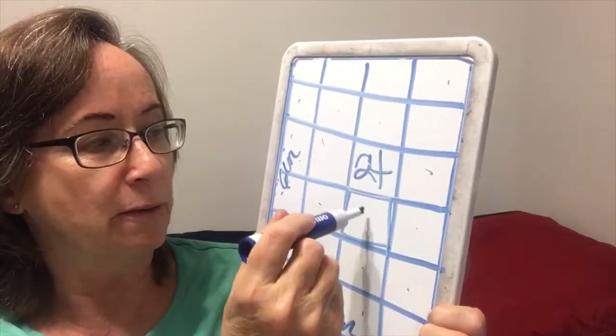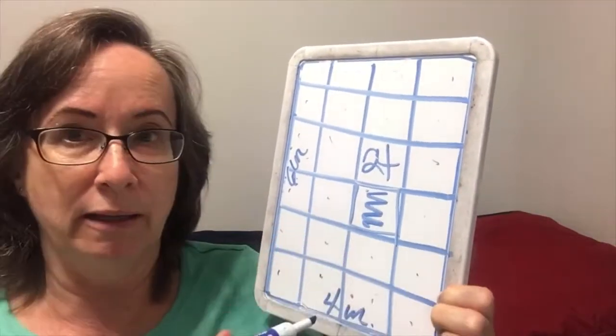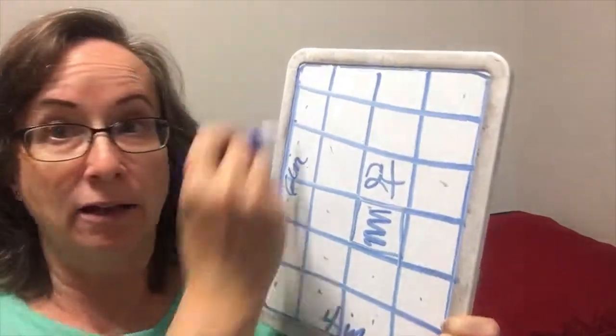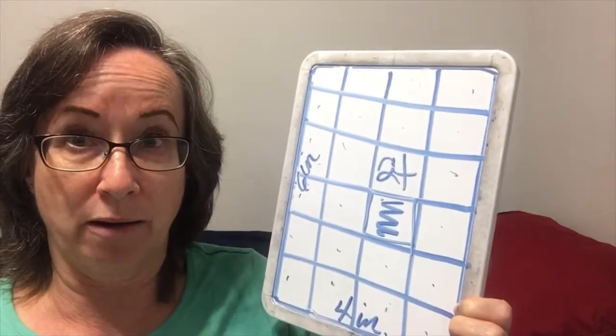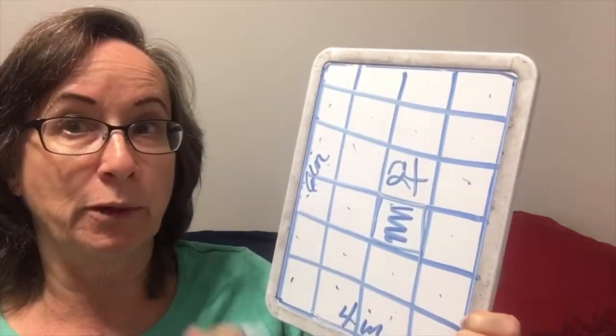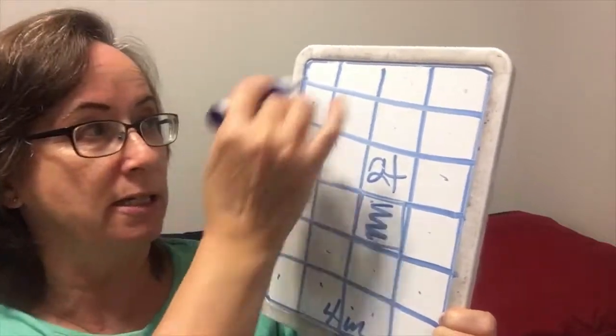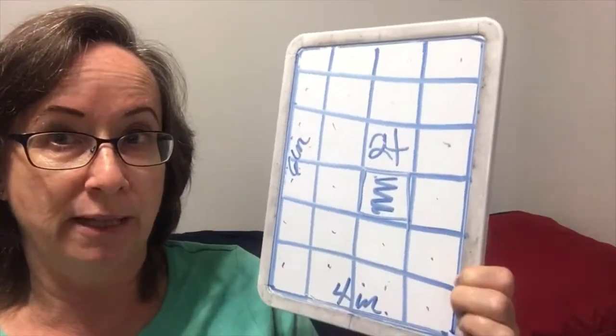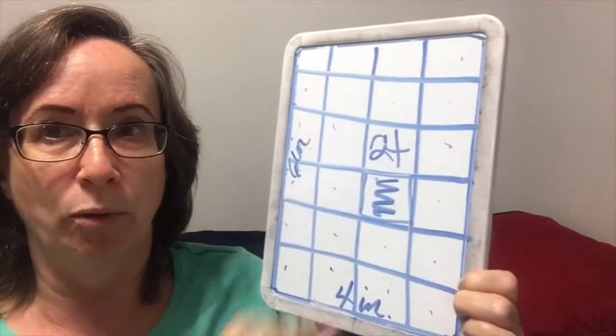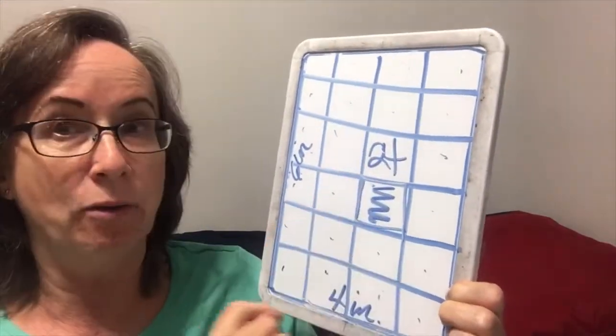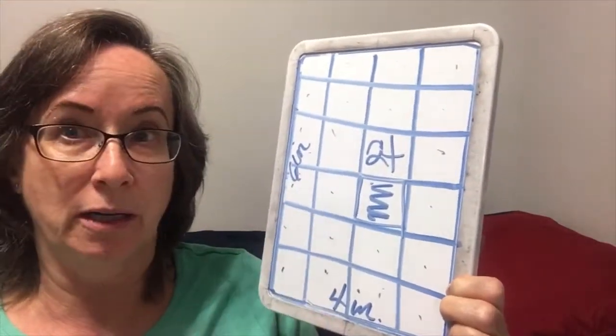This little box here would be 1 square inch, and altogether I have 24 square inches. If we were going to say how many square inches I would need to cover this rectangular board, I would need 24 because 6 times 4 is 24.